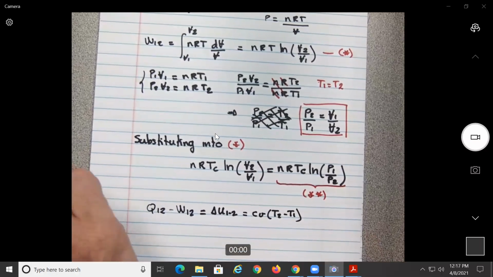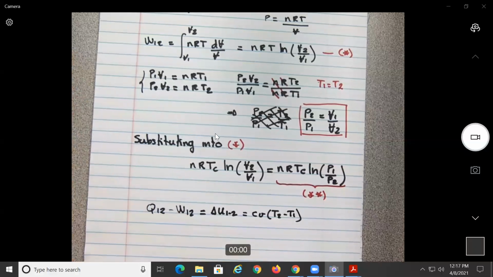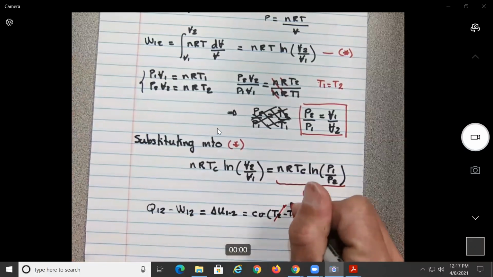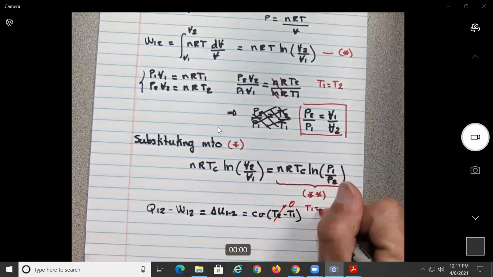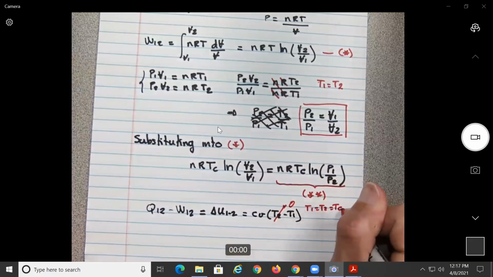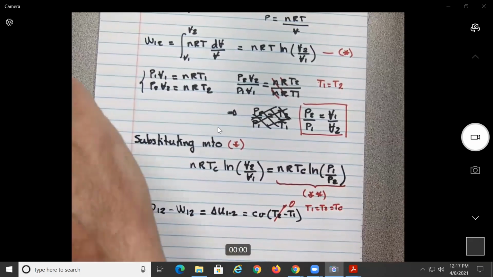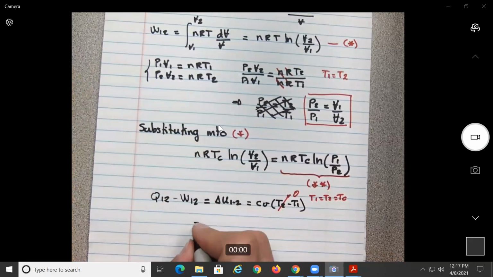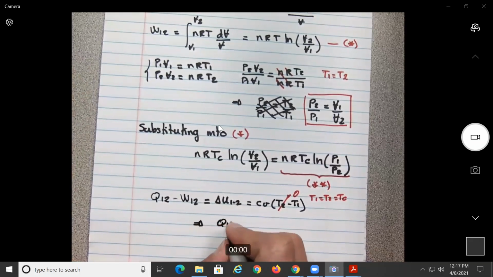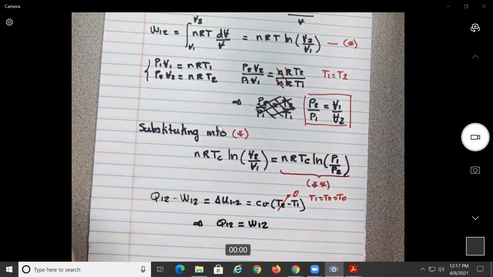Correct? Since T1 equals T2 equal to T cold, this is 0. So at the end Q12 will be equal to work 12.